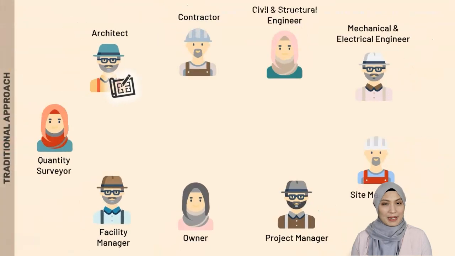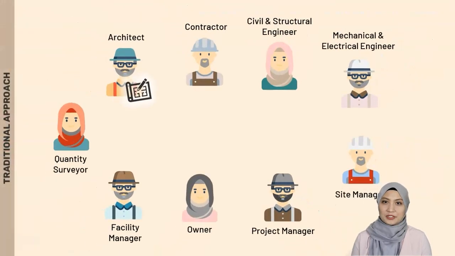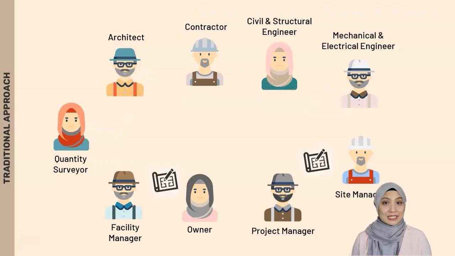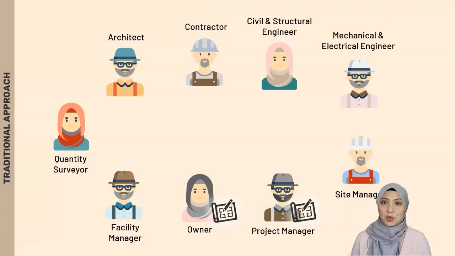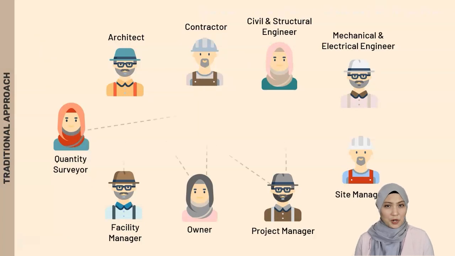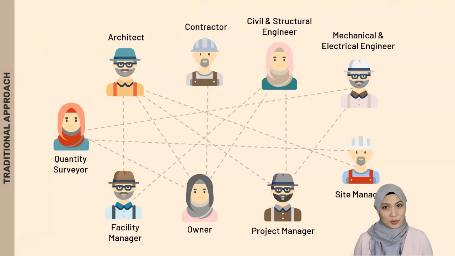Let's understand that by taking a look at how the traditional building construction is. In traditional approach, the architect's design will be produced in 2D drawings, and drawings will be sent to different consultants or stakeholders for viewing or to add more information in separate drawings.